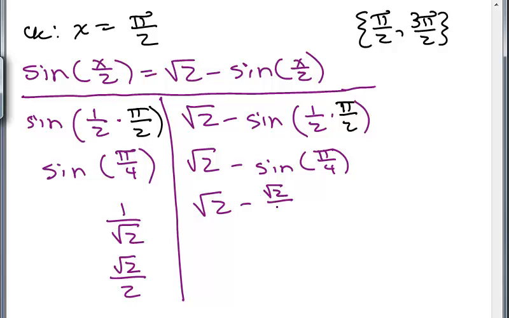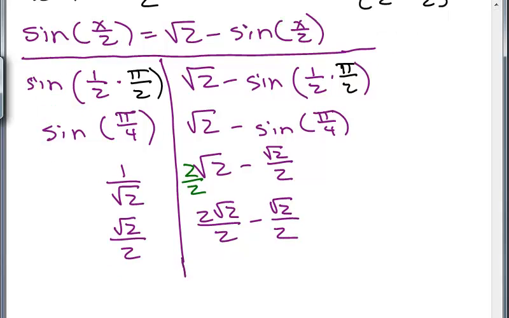Square root of 2 over 2. And now I have a subtraction problem, so I need to have a common denominator. So I could multiply this first term by 2 over 2, and that would give me 2 square roots of 2 over 2 minus square root of 2 over 2, which is, all right, what's 2 square roots of 2 minus 1 square root of 2? That's just square root of 2 over 2. So it does check. So that's what your check would look like if you checked it.